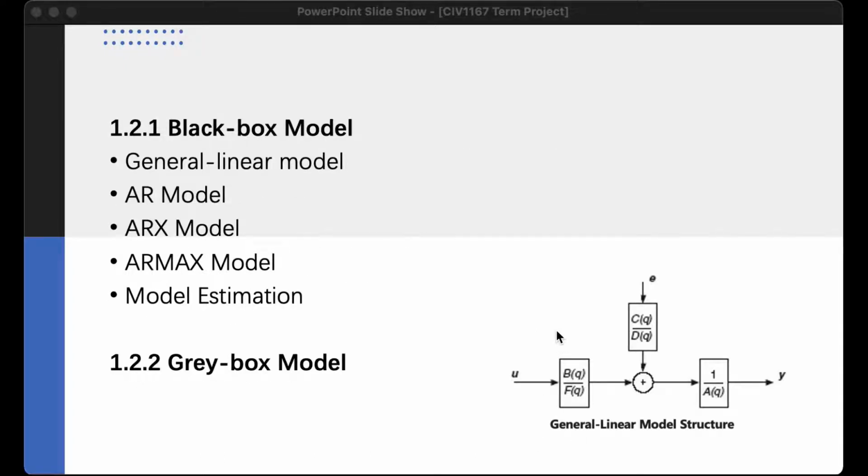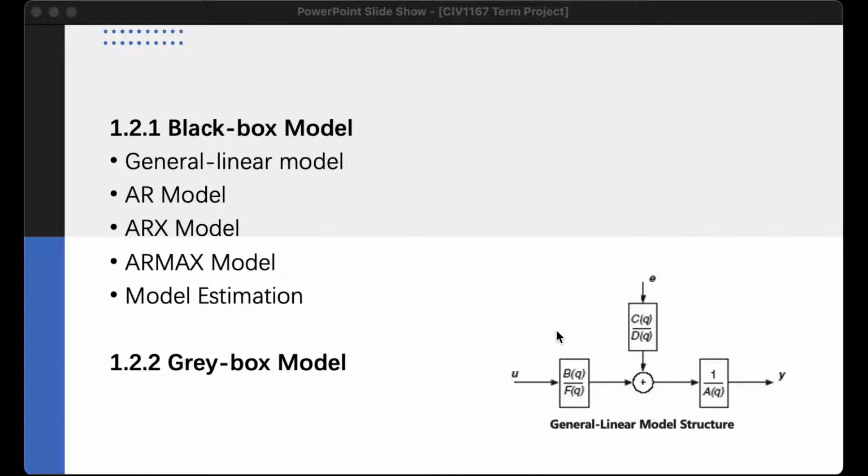So the black box model is generally a general linear model. Generally, it can describe a system using the following structure, which is known as the general linear polynomial model or the general linear model.